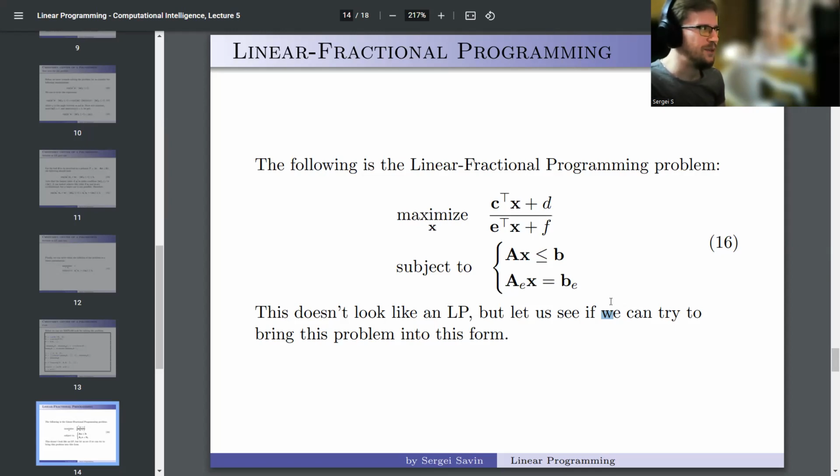So I propose you take this exercise at least slightly seriously. Of course, this is an open question. It is not something I know the answer to, right? Maybe there are no linear fractional problems. So it's okay if we don't find any. But thinking about it this way is a good exercise.